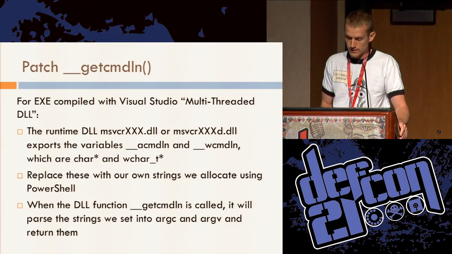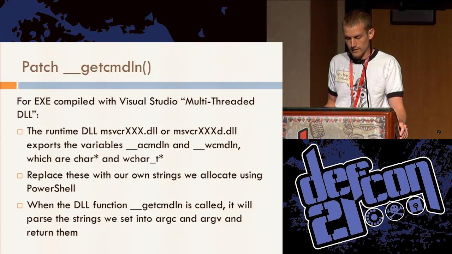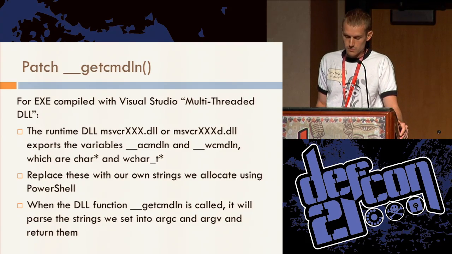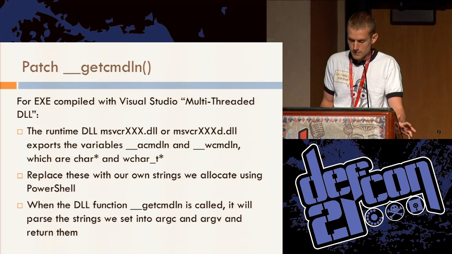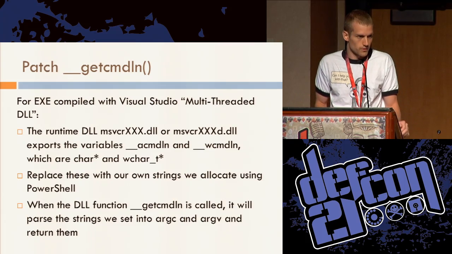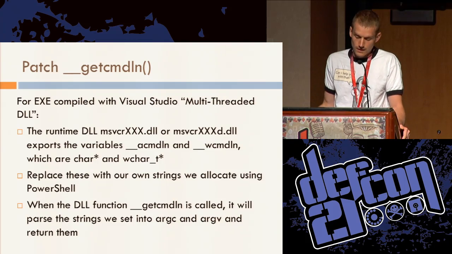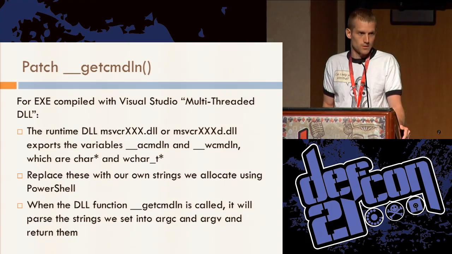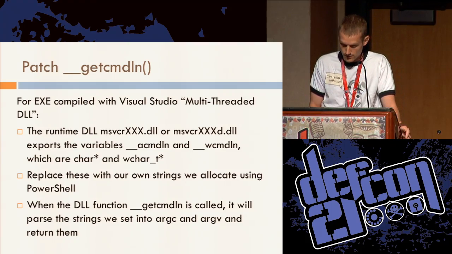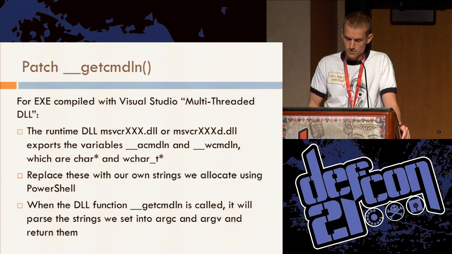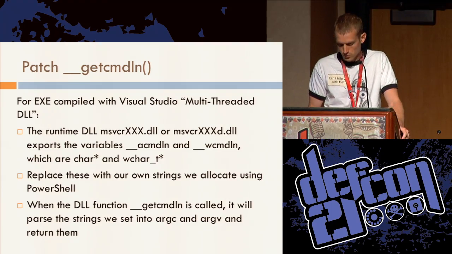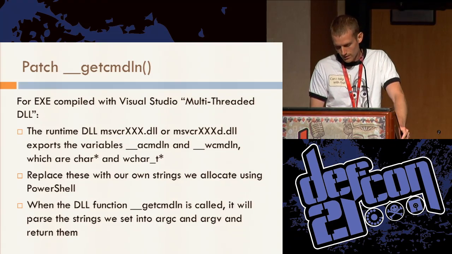But what I found is that the DLL that this function is exported from also exports two variables, acmdln and wcmdln. These variables are just string pointers. So if you overwrite these variables and then you call the function, it'll parse the variables that you just overwrote. That's an even easier solution than the previous one because you just replace those string pointers with pointers to strings that you allocate.